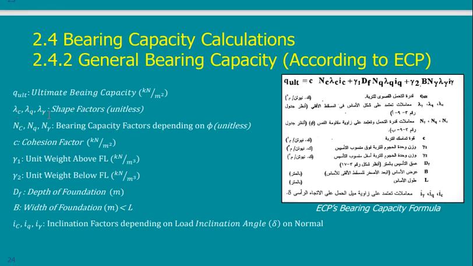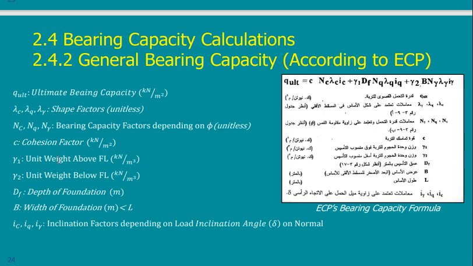NC, NQ, N gamma are factors that depend on the shape of the footing. If the footing is rectangular, square, whatever, it has different values. NC, NQ, N gamma are bearing capacity factors depending on phi. So these depend on the type of the soil, the phi of the soil, from tables.